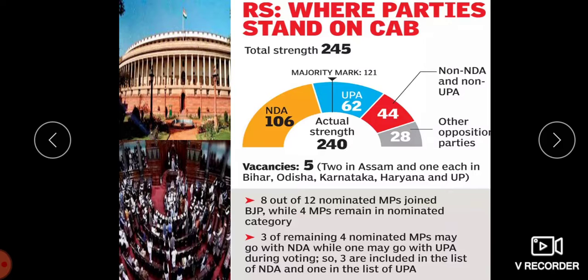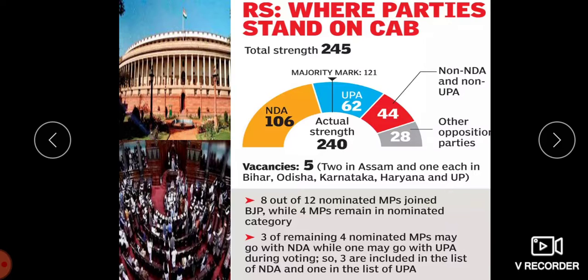When I say nominated members, they are nominated by the president from among the persons having special knowledge or practical experience in matters like literature, science, art and social services. The nominated members are 12 in number. The principle of nomination is aimed at having distinguished persons in the upper chamber.